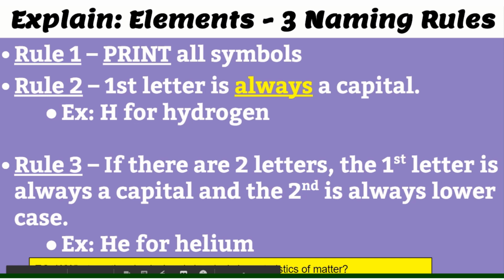Rule 3 is if the element symbol is 2 letters, the first is always capital, and the second one is always lowercase. An example here is a capital H, lowercase e for helium. So 2 letters, the first one is a capital, the second one is a lowercase.